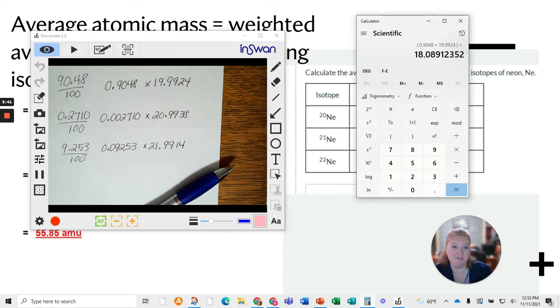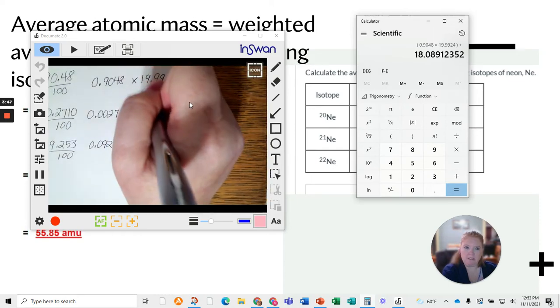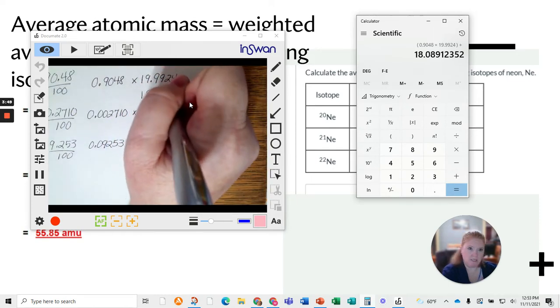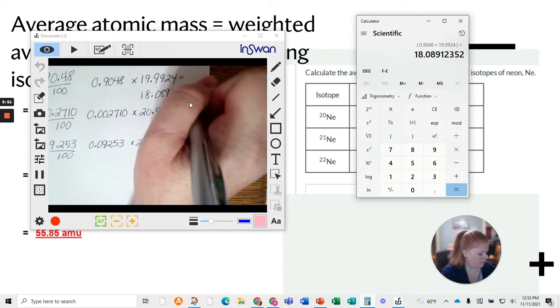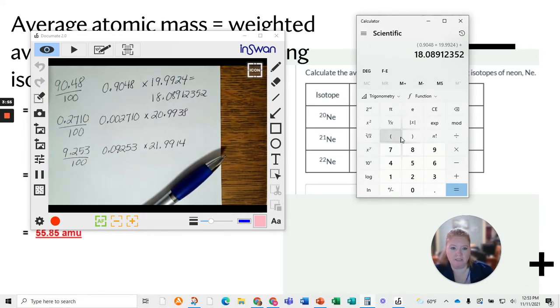If you are not comfortable setting it up like this, you're going to write this number down right here. So I would say equals 18.089125352. I'm going to just write that down. But I'm going to go on to the next step.